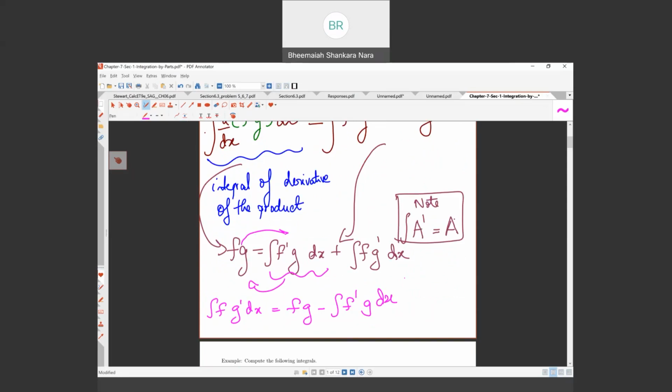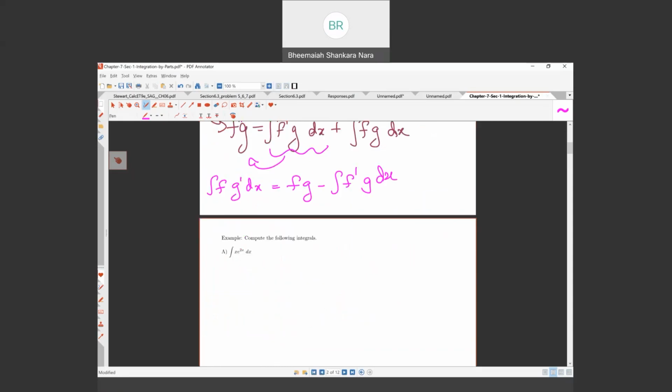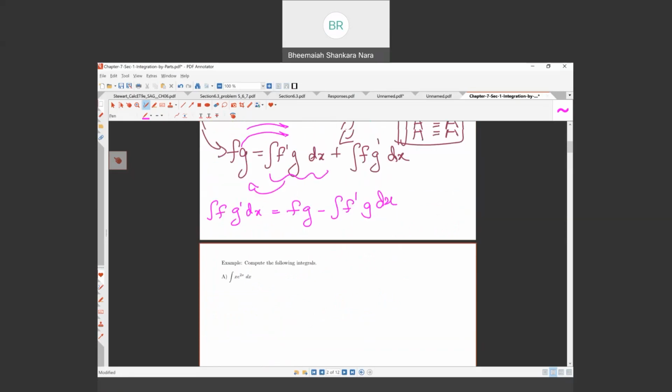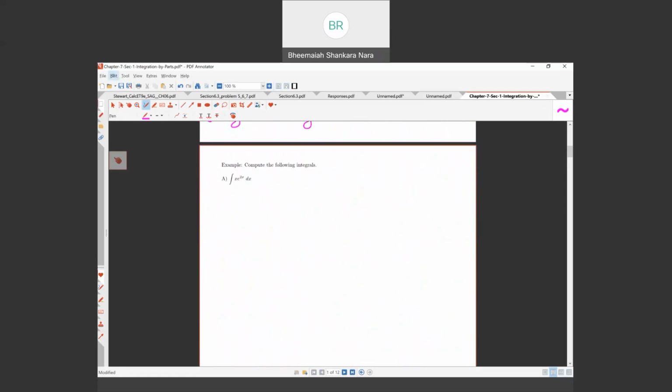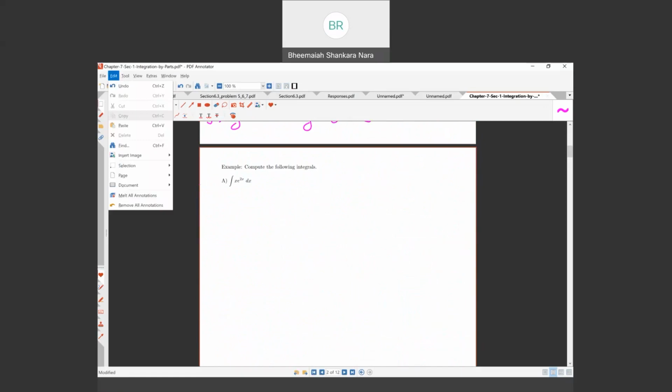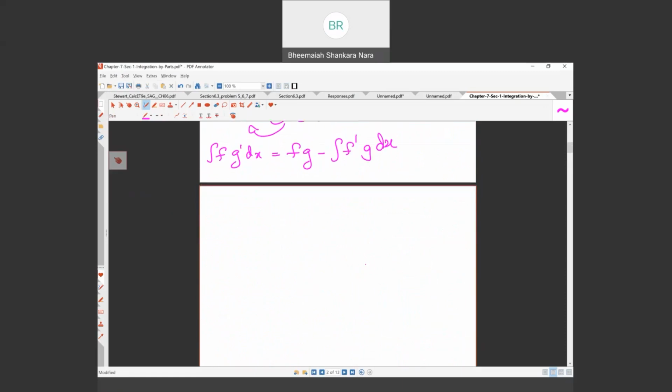Now let's rewrite this formula for f and g in terms of u and v. Let me add a page here. Let's rewrite a little bit.